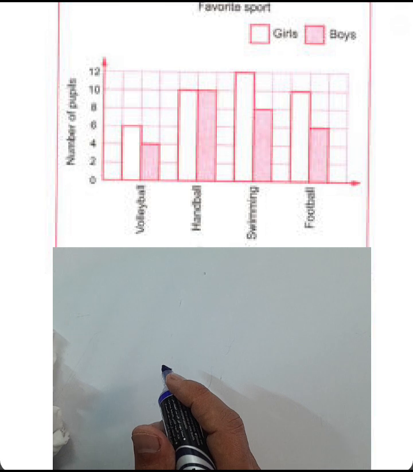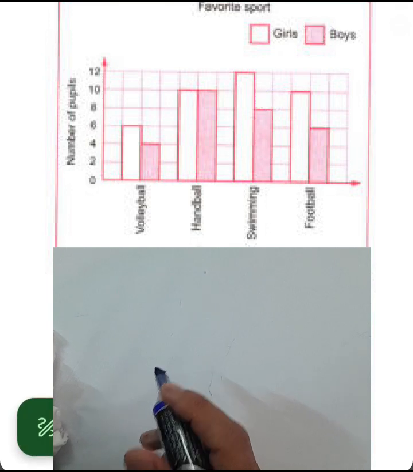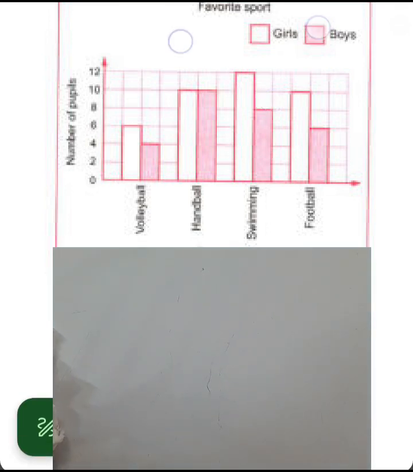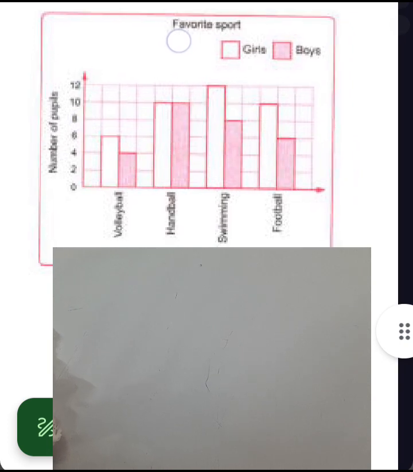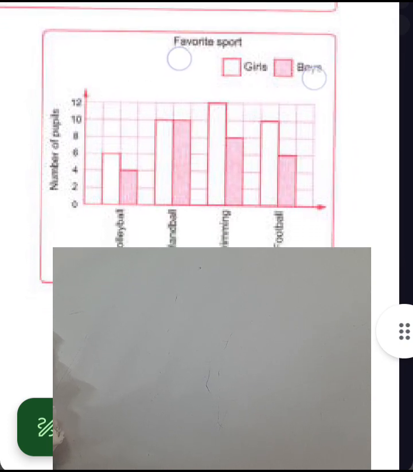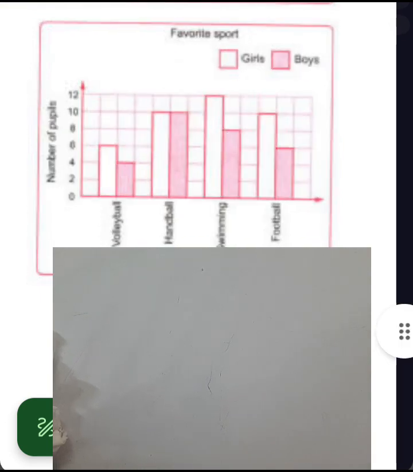He asked about the boys who prefer swimming. Boys was colored red, and this one goes to 8. The result will be 8. But girls was 12, we want to find boys. The number of boys who prefer swimming was 8. Write 8.